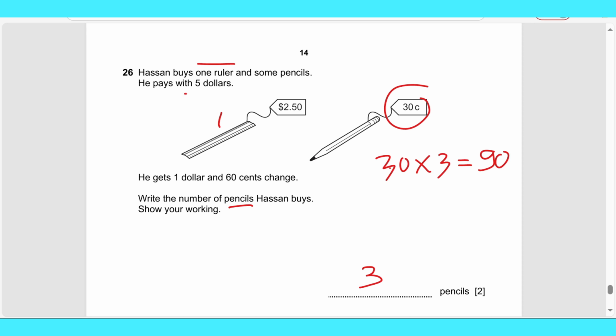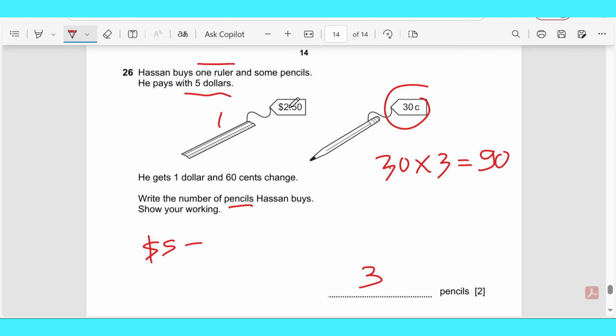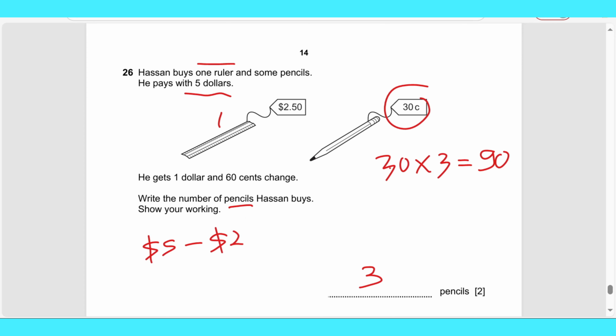So $5 minus the price for 1 ruler, which is 2.5, so that will be 2.5 left. Now 2.5 minus the change, which is $1.60. So $1.60 is $1.6.